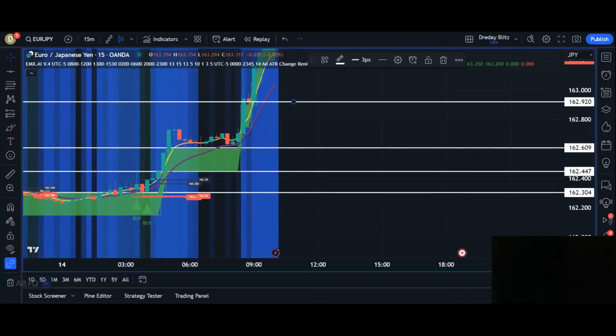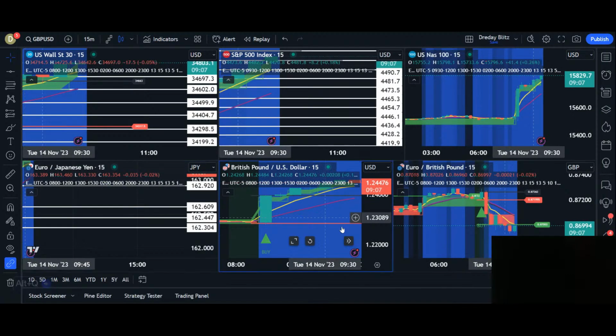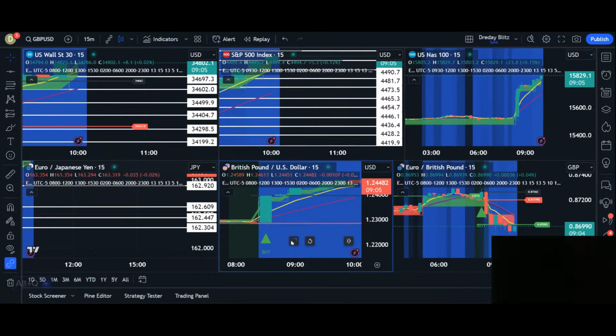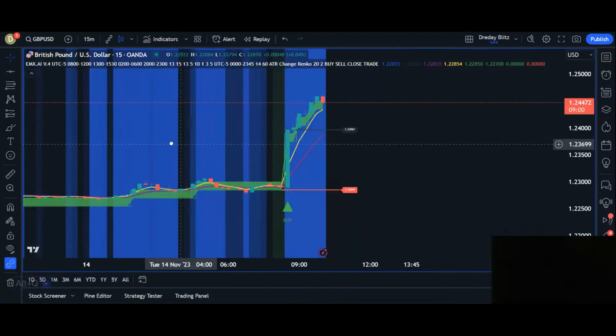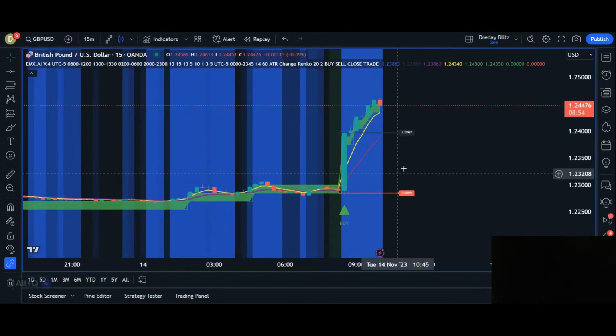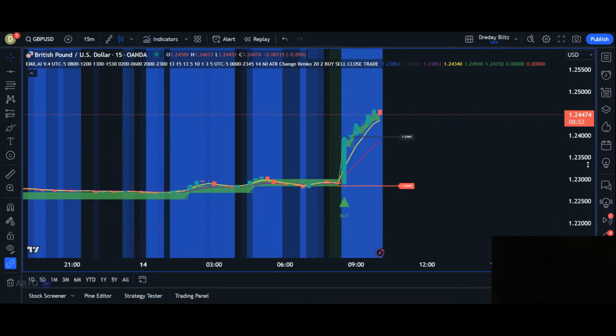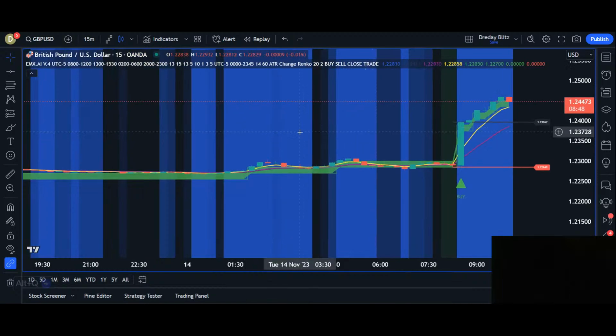But let's continue with the analysis of the next pair. So we're going to look at the GU. So GU is here. Perfect. So GU, we had a buy signal here based off of the CPI news that came out for the US.